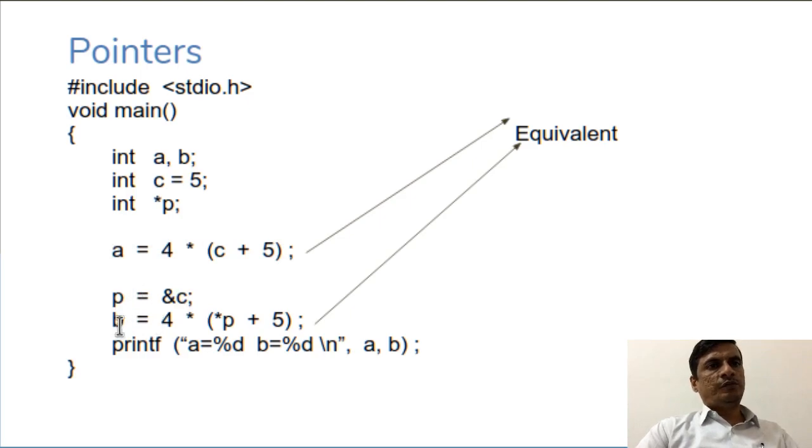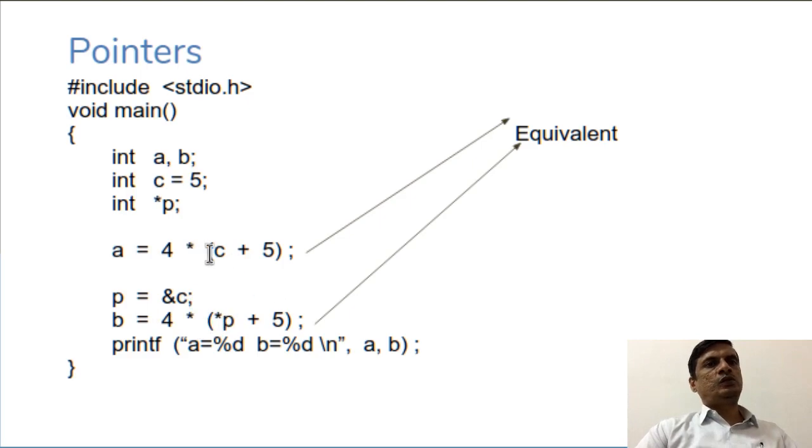So b equal to 4 star p plus 5. What you assigned is that the address of c is going to be there in p. When you write star p, you are going to get the value stored at the address of c.